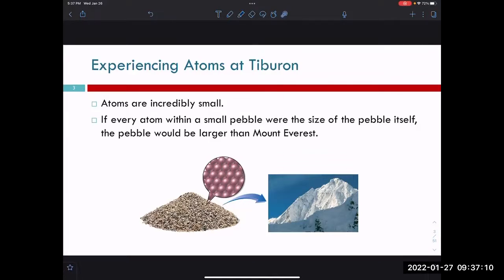If you were to take a pebble and blow up all of the atoms inside of that pebble to the size of the pebble, that would make that pebble the size of Mount Everest, the tallest mountain on Earth. It would be larger than Mount Everest.